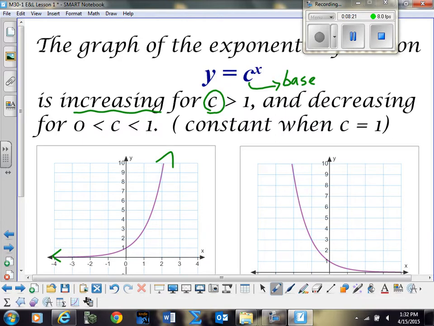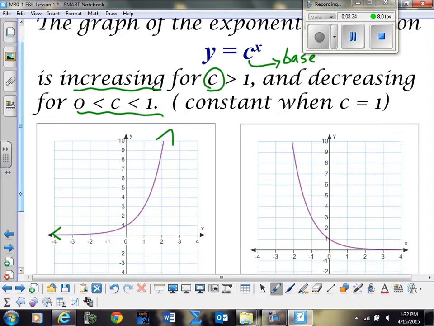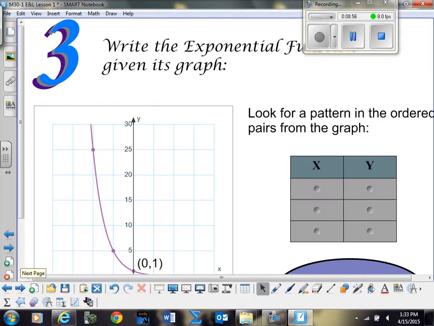If you have a c value that's between 0 and 1, in other words, a fraction, but it has to be positive because we're still looking at values greater than 0, we're going to have the second graph, which is exponential decay. I'll write down growth, increasing, and decay is decreasing. Decay is when you have a base that is a fraction.